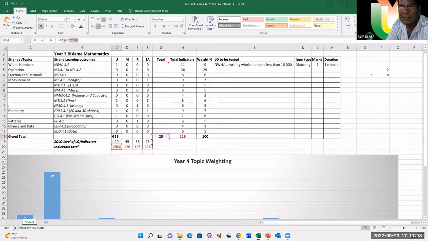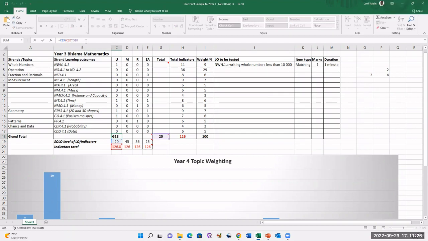Now you can see the formula here. That is C19 divided by C20 multiplied by C18.